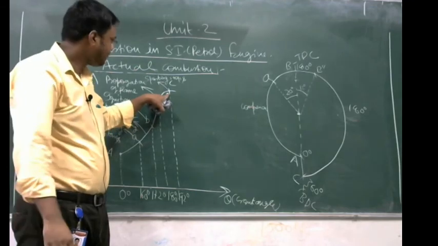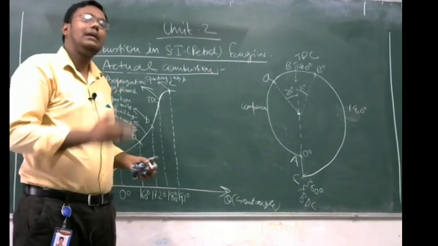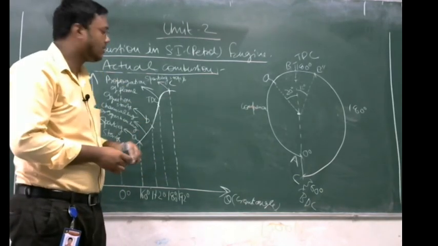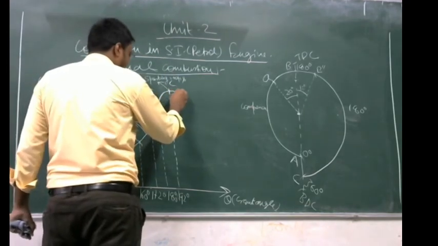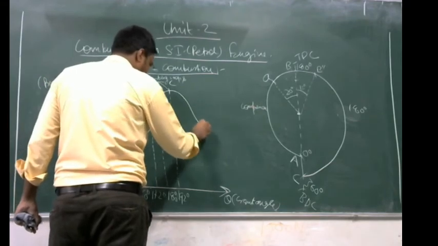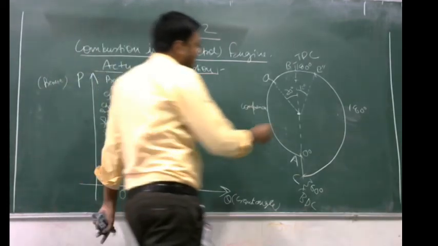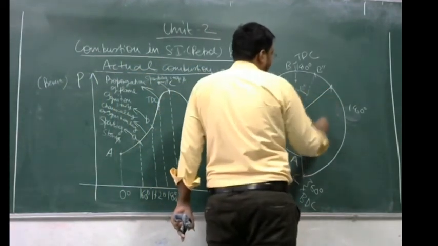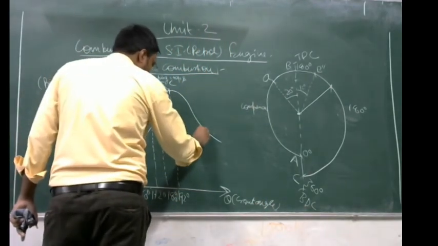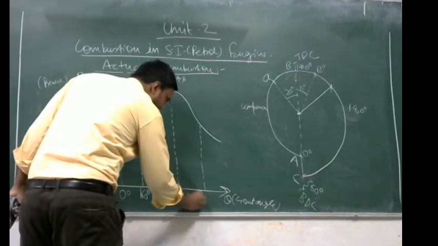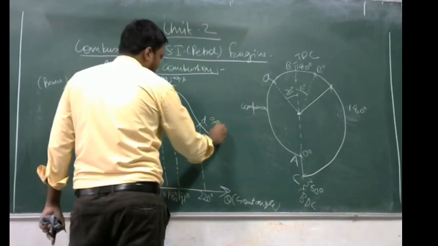The rate of ignition and combustion is low, but ignition still continues beyond point C, while pressure decreases. Then 40 degree after TDC, that is 180 plus 40, 220 degree, here at point D, ignition stops.